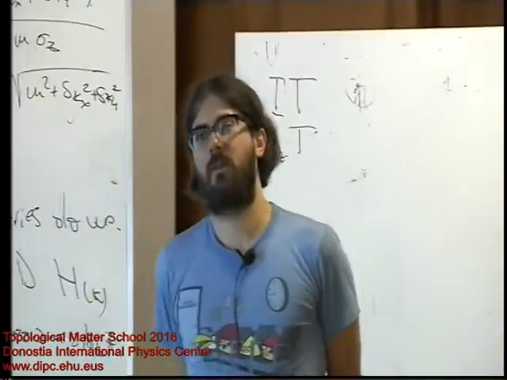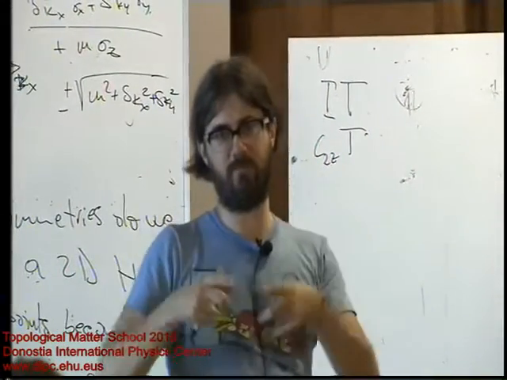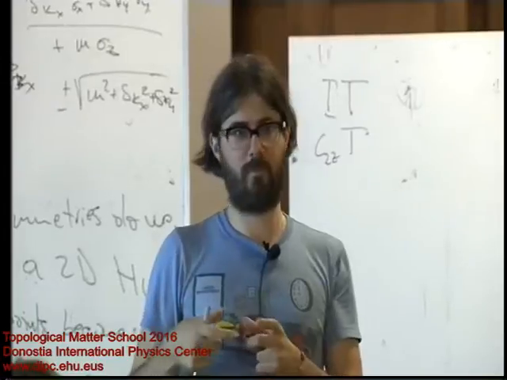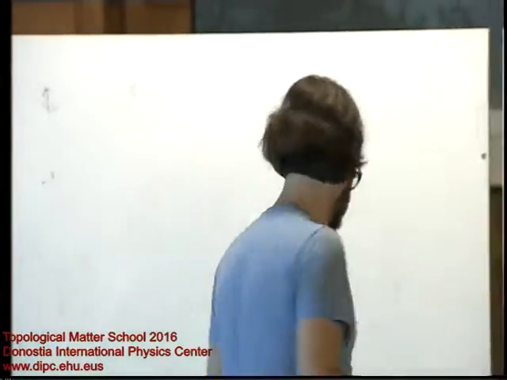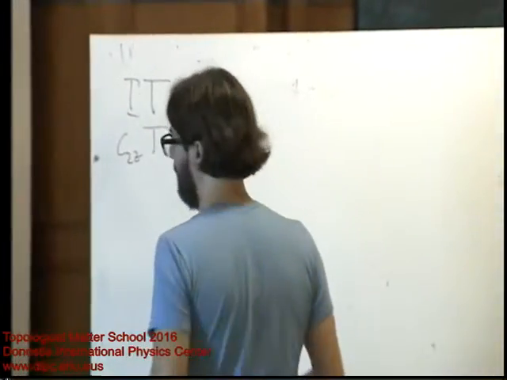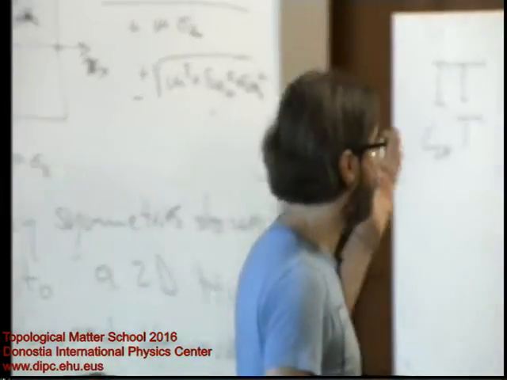Does rotation and inversion differ if I have a 2D system? They don't differ if I don't have spin-orbit coupling. If I have spin-orbit coupling, if I have a spin 1/2 system, they differ. And this is a very important thing.